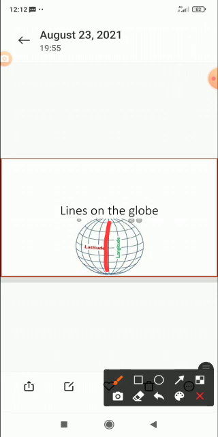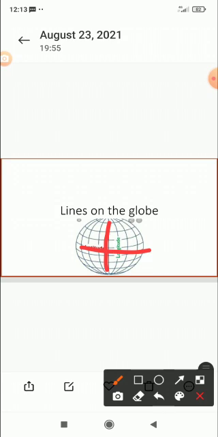Some lines run around the earth from west to east. These are imaginary lines drawn by map makers. They help us locate places on the globe and maps.